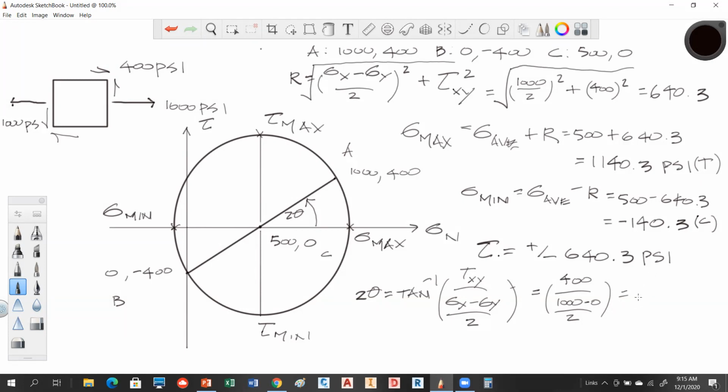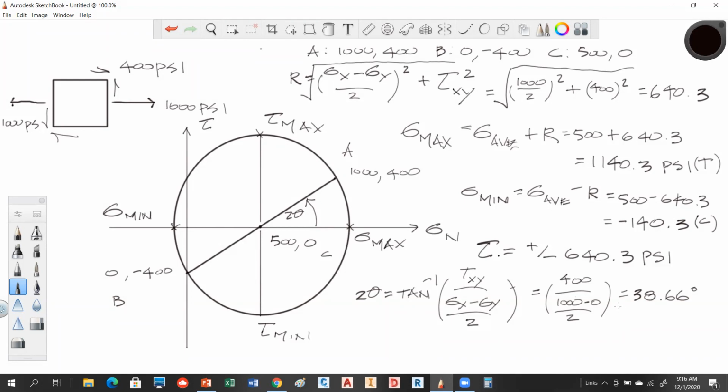So I got 38.66 degrees. So this would be the plane that the min and max normal stress is operating along. So that's what these guys are related to. And this plane would be rotated 38 degrees with respect to your x-axis.